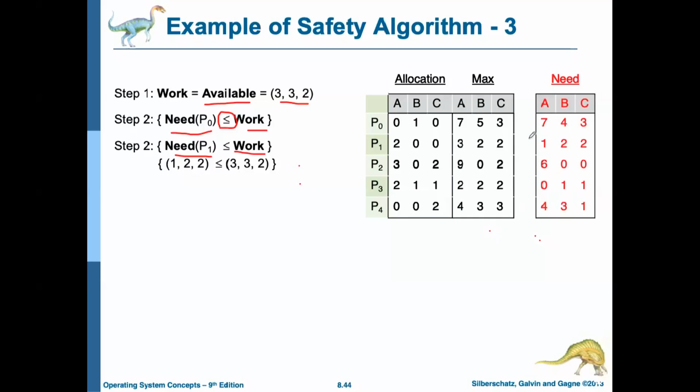This one. The current available, which is the work, is 3, 3, 2. Available 3, 3, 2. So it's less than 3, 3, 2.